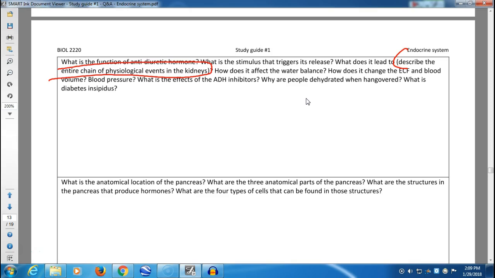Does that make sense? So if we jack up ADH production, what's going to happen to the urine volume? We increase antidiuretic hormone. The volume is going to decrease. What about the concentration of the urine?